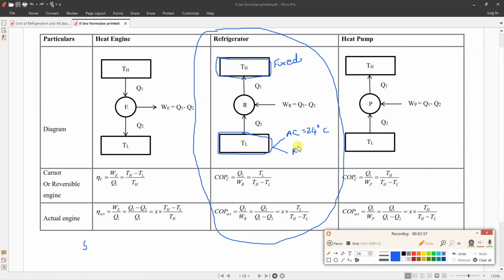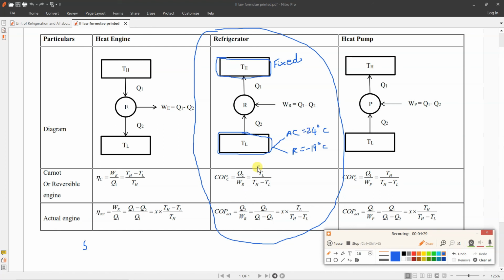If you are considering the refrigerator part where milk is kept, suppose the temperature is 4 degrees Celsius. For now we are considering the refrigerator temperature as minus 19 degrees Celsius. Out of the two applications, air conditioner and refrigerator, which T low value is maximum? You can clearly see the air conditioner T low value is maximum.